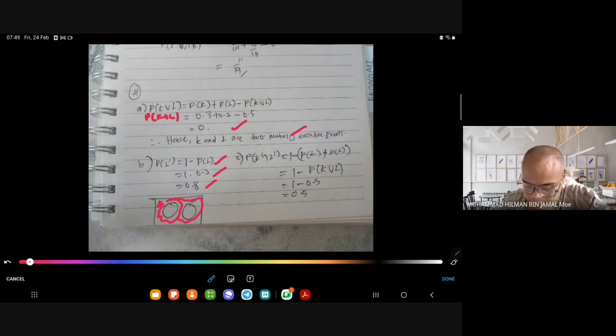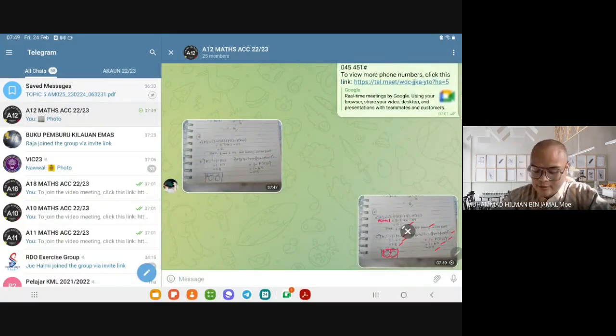Okay, so the formula is 1 minus probability of K tambah dengan probability of L. So the union is 0.5. So your probability of K intersect with L is equal to 0.5. Okay, so thank you Jimsy for the answers.